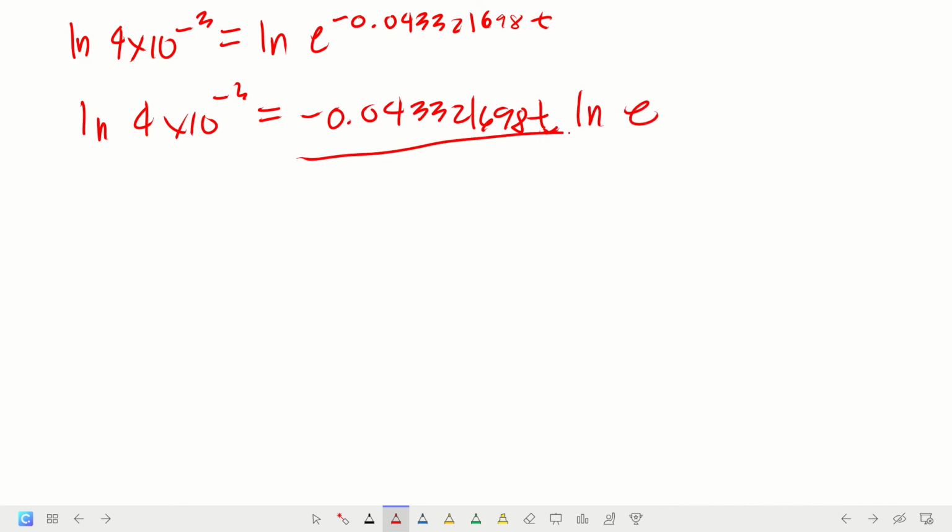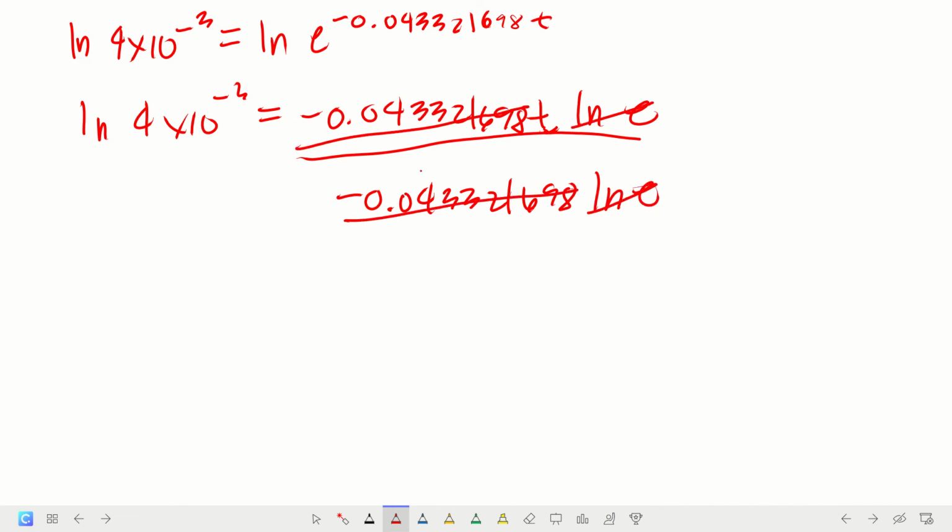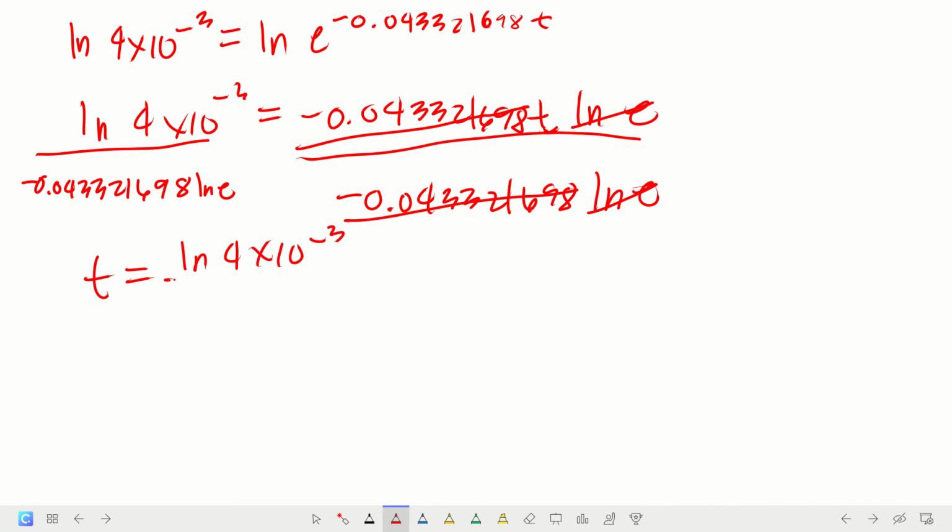So, to isolate t, divide both sides by negative 0.04332168 times the natural logarithm of e. So, we can cancel this out. So therefore, t is equal to the natural logarithm of 4 times 10 raised to negative 3 divided by negative 0.04332168 times the natural logarithm of e, and then plug this in your calculator.